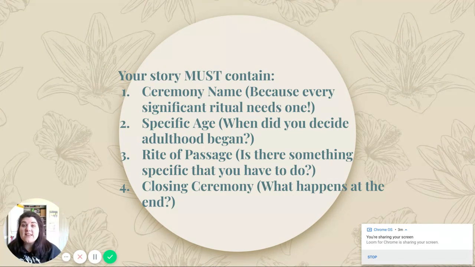His goal is to stay up there, and his rite of passage is being able to stay up there for a certain number of days. And then he's able to come down, and the closing ceremony, if you will, is a big party at the end. You could think about the specific age of 20 in Japan, and the rite of passage being that they've turned 20, and now they go to this ceremony, and then the closing ceremony could be they go shopping, they do all these different things, right?